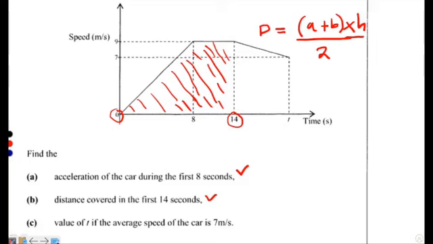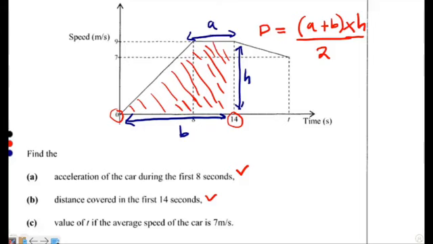Here we have this distance on top, which we will label as A. Then we also have this distance right here, which we label as B. Then this is our height.